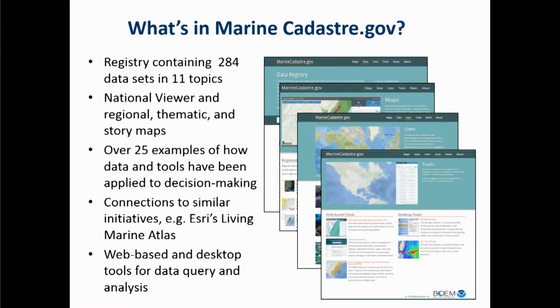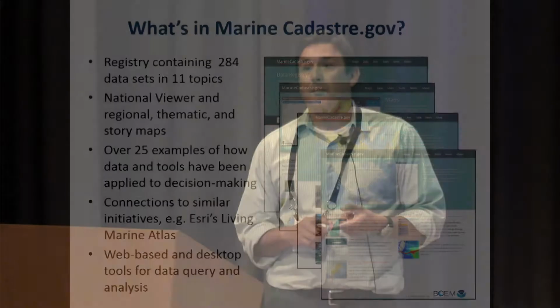Okay, so what is in MarineCadastre? Well, we have a registry that has 284 data sets currently, categorized into 11 topical areas. We have a national viewer, and we have regional thematic maps and a whole set of story maps that we've been actively working on for the past 2 or 3 years.